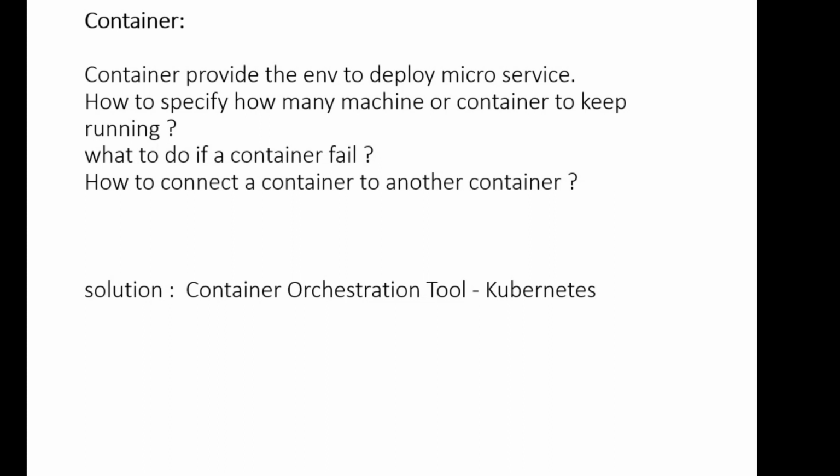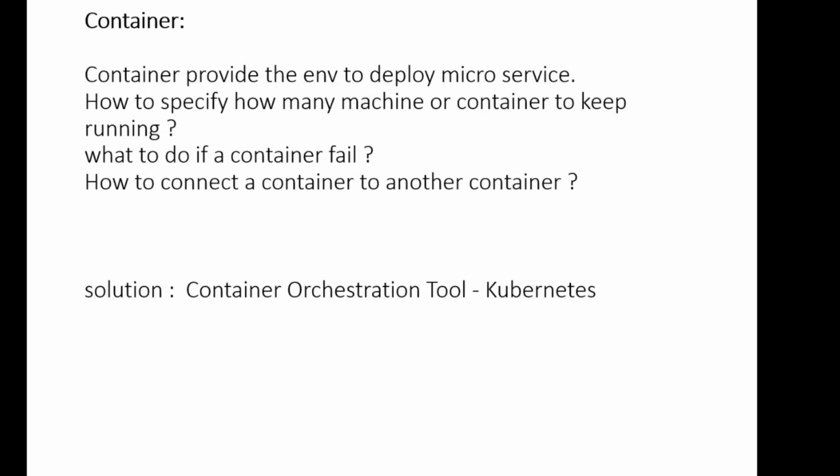What to do if a container fails? How to connect a container to another container, because in one container your user microservice is running, in another container your customer microservice is running, and in another container you have some other microservices running. So how is one container going to communicate with another container? These are the questions. The solution is a container orchestration tool, that is Kubernetes.